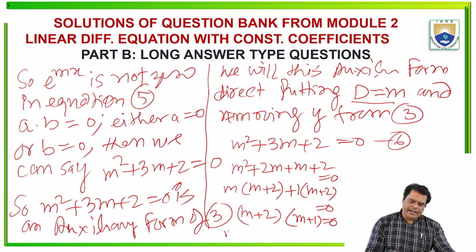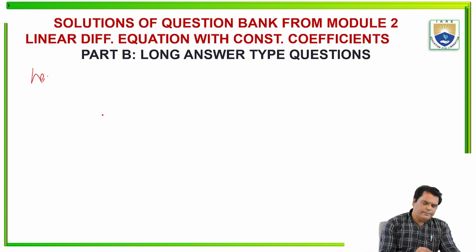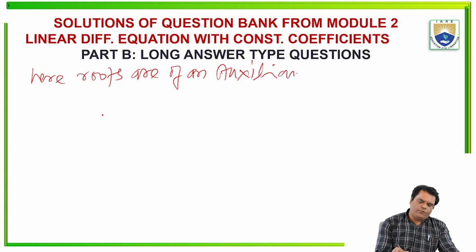Then putting m equal to minus 2 and minus 1. Here the roots of the auxiliary equation are different.